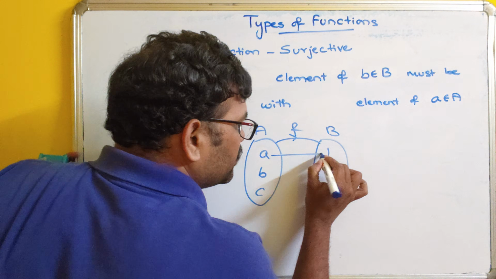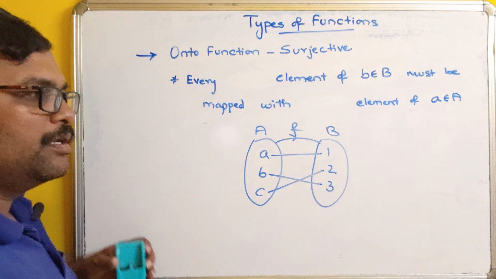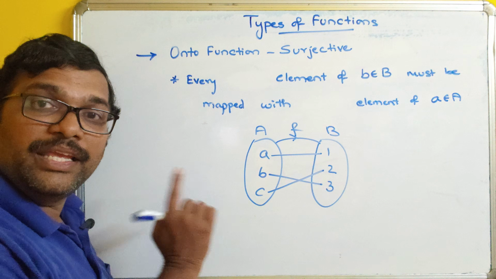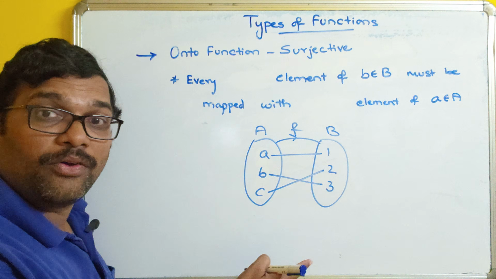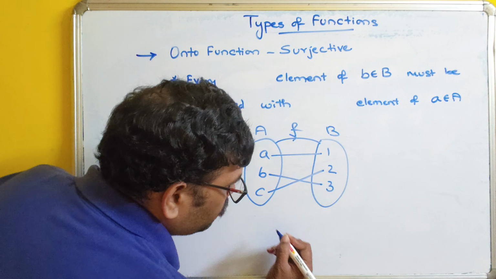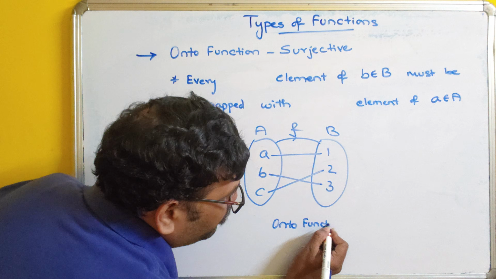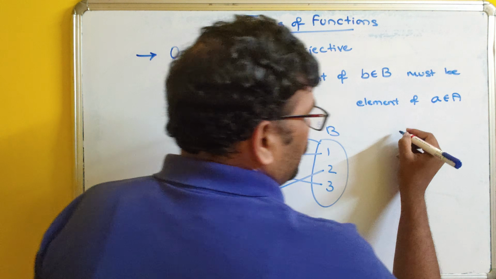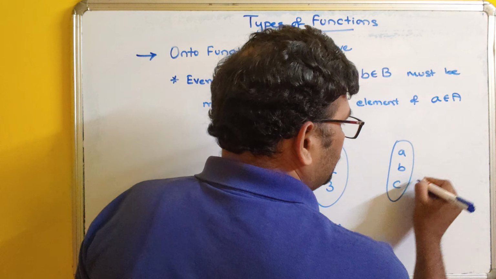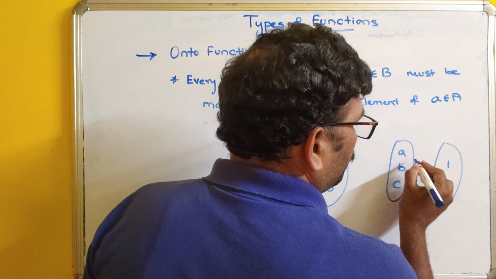If there is a function in this way, every element of B is having a mapping with an element of A. So this is called an onto function. Okay, another example. b, c, 1 and 2.